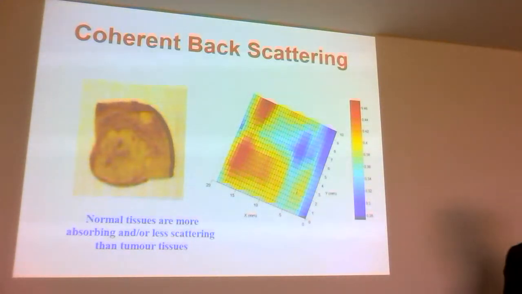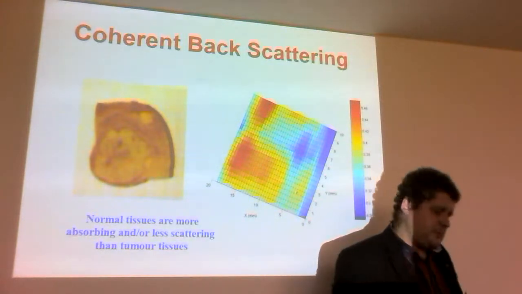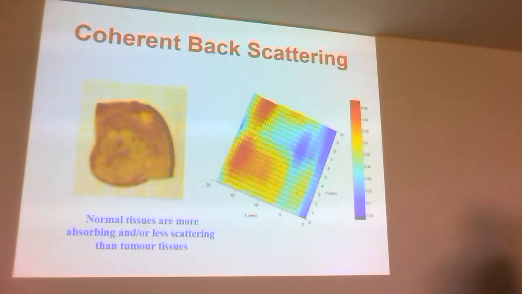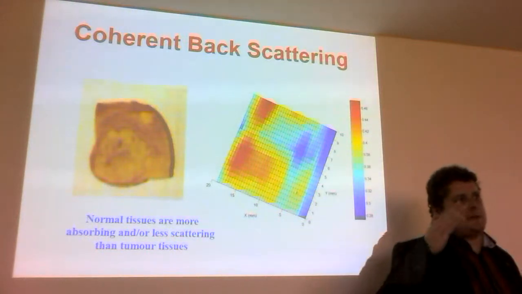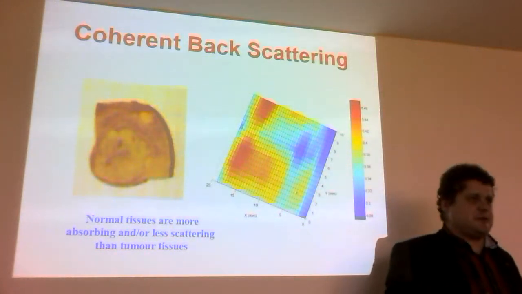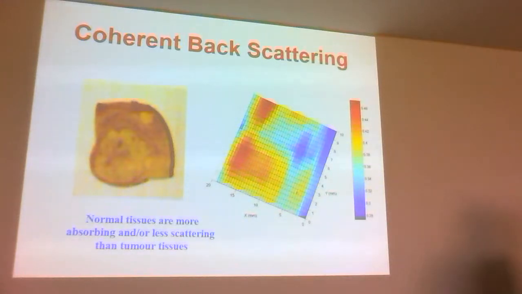The other way to use this technique is to see the slope of the cone of coherent backscattering, which could be used as a measure of cancerous or non-cancerous tissues. But the problem is that this variation of the slope is in a very short band of measurements, so we are not able to do it with a very high resolution.